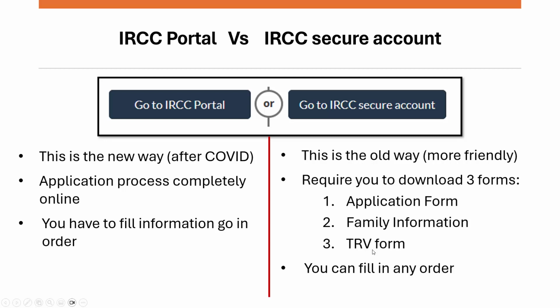TRV is the abbreviation for temporary resident visa, and this is actually the one that you need to apply for. It's not the business visa. When you download these forms, you can fill them in any order, and then you upload all this information in this portal, and then you can proceed in this account.